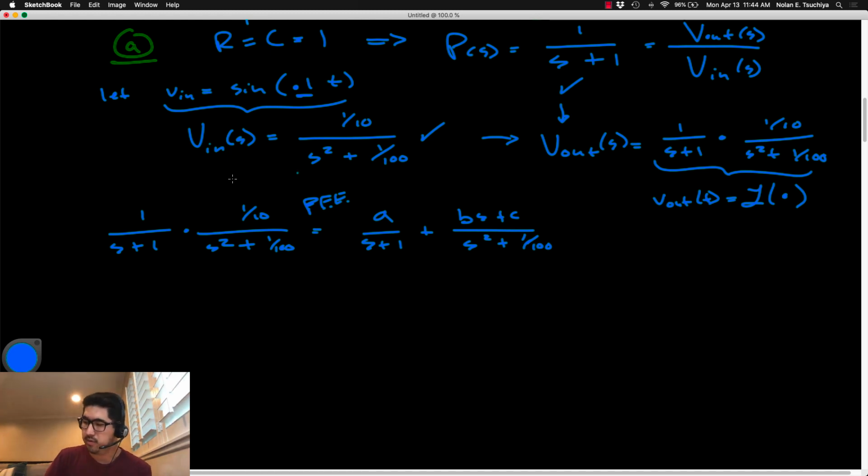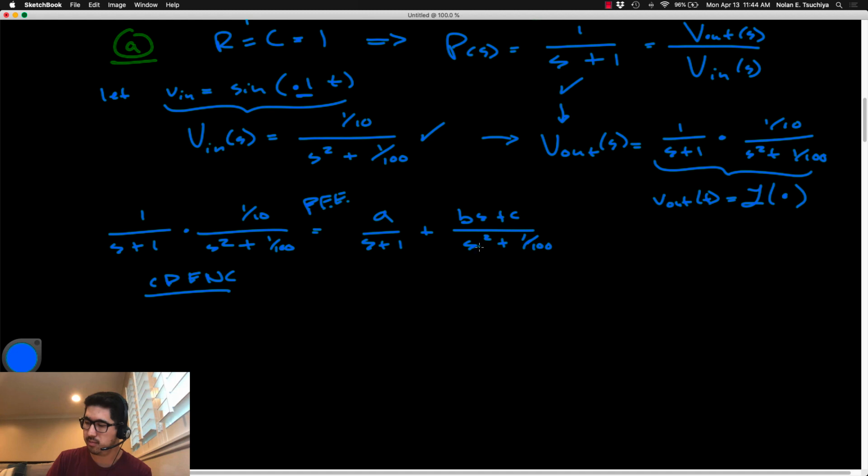Right? And then what we have to do is get common denominators and equate numerator coefficients. This is going way back, but it's a good reminder of how to solve these problems. So we need to get a common denominator. This term here, A over S plus 1, will be multiplied top and bottom by S squared plus 1/100th.